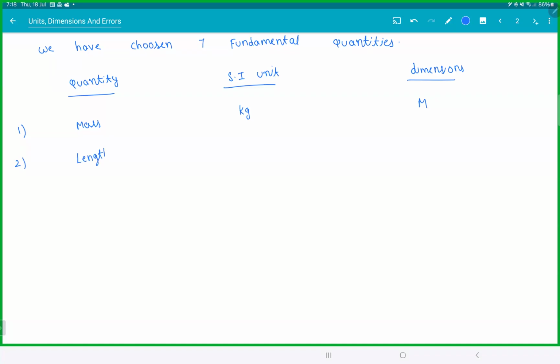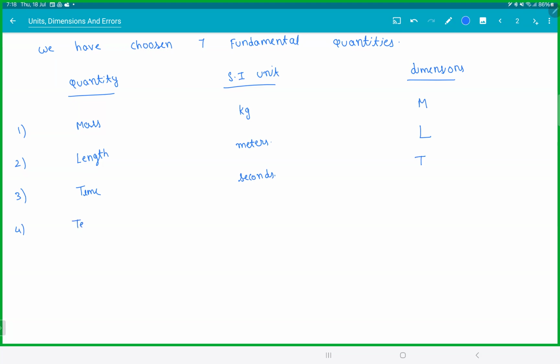The second one is length. The unit is meters. The dimension is L. So if you say a property is L square, you're talking about something based on two lengths, like area or something like that. Time: we use seconds. The dimension is capital T.